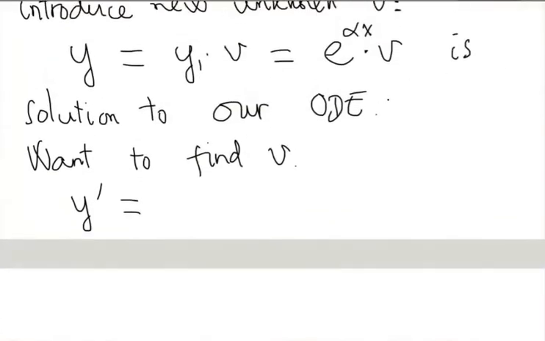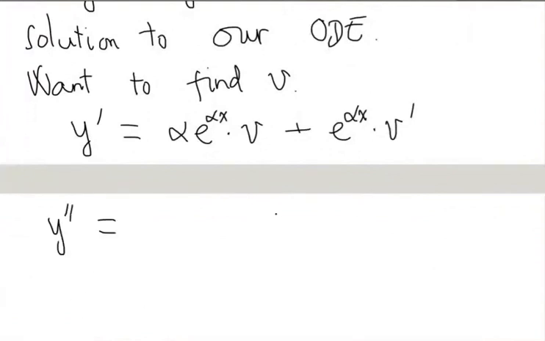We have a product e to the alpha x times v, so we need to use the product rule. We have the derivative of the first term, alpha e to the alpha x, times the second term v, plus e to the alpha x times the derivative of v, which is v prime.